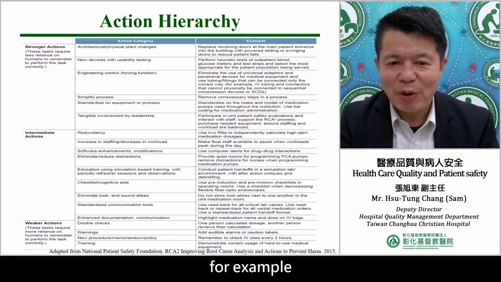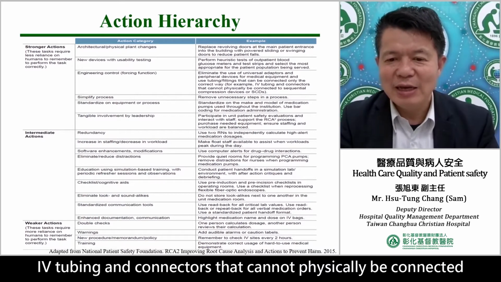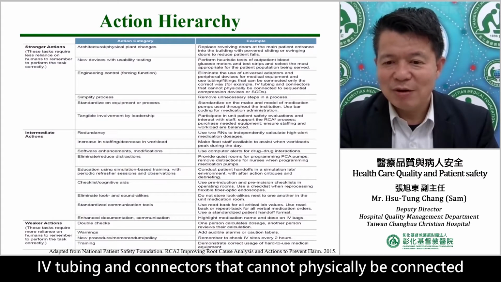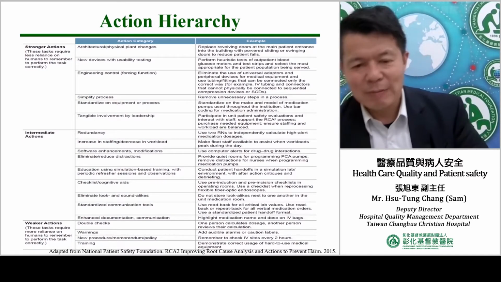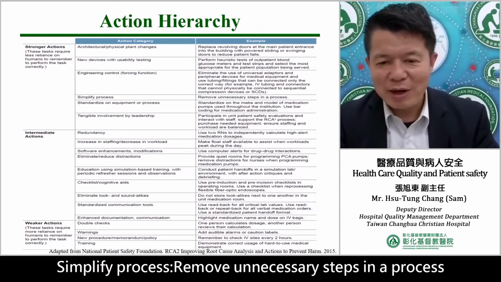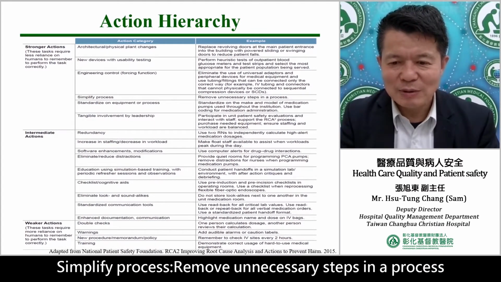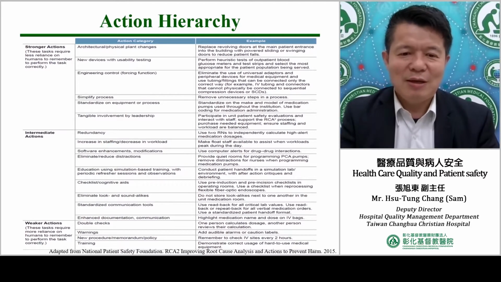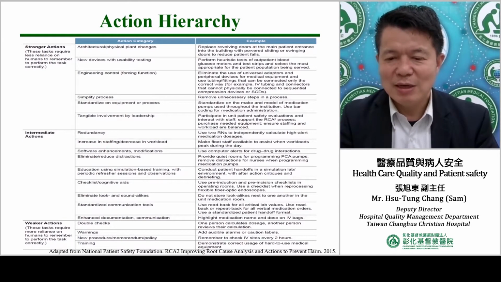For example, IV tubing and connectors that cannot physically be connected to sequential compression devices, or SCDs. Simplify process: remove unnecessary steps in a process. Standardize on equipment or process.